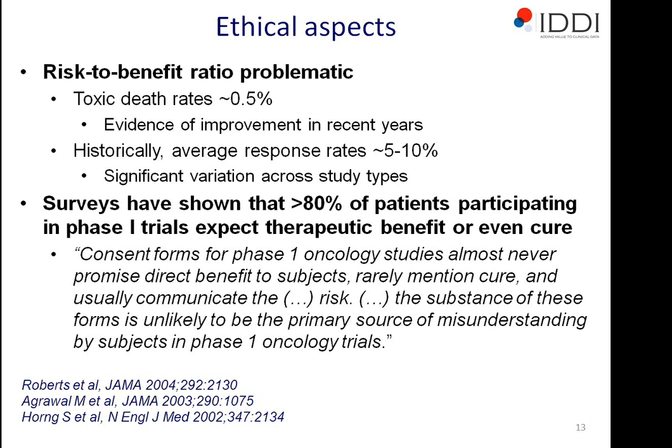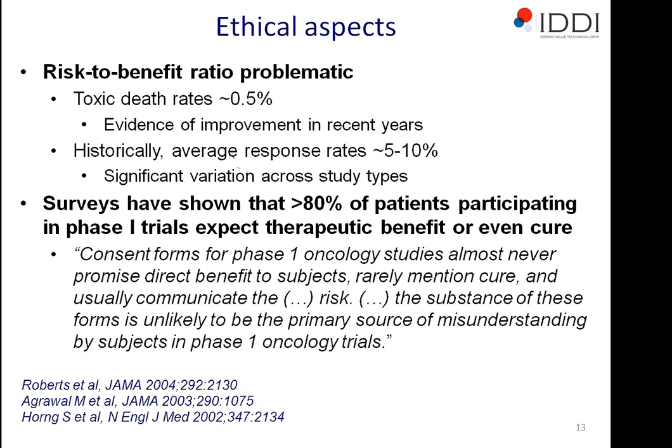As I said, there is an ethical dilemma in phase 1 trials essentially because the risk to benefit ratio is problematic, and various reviews over the years have attempted to come up with average expectations we should have when conducting phase 1 trials.